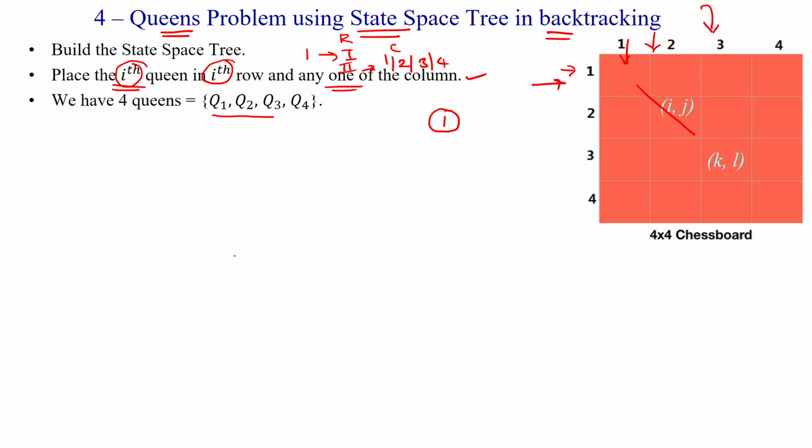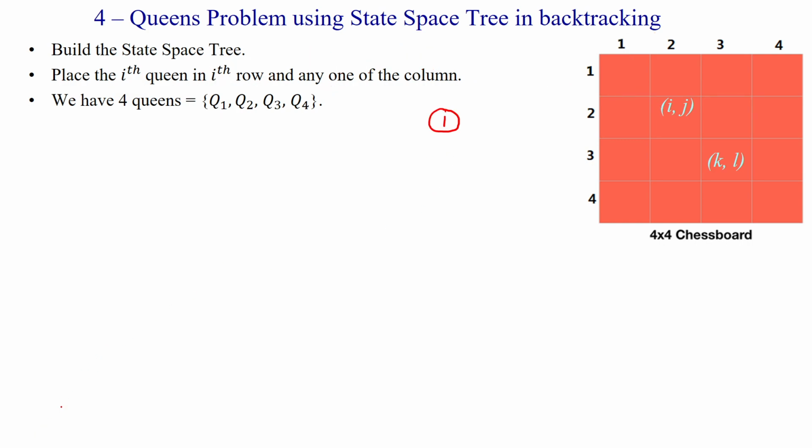So here I am initiating the state space tree. I am starting with node 1. Then I am placing queen 1 in the first column. When I place queen 1 in the first column, this branch leads to the second node.